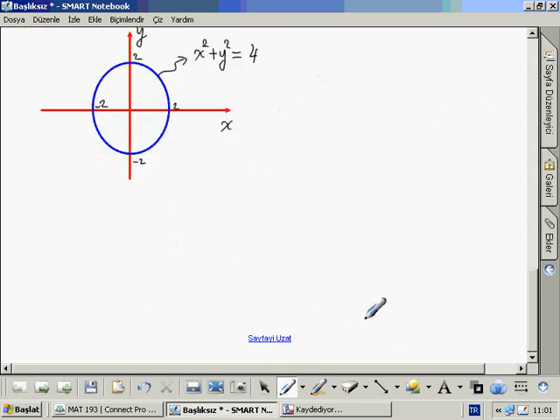And let's talk about how to sketch the straight lines of points.